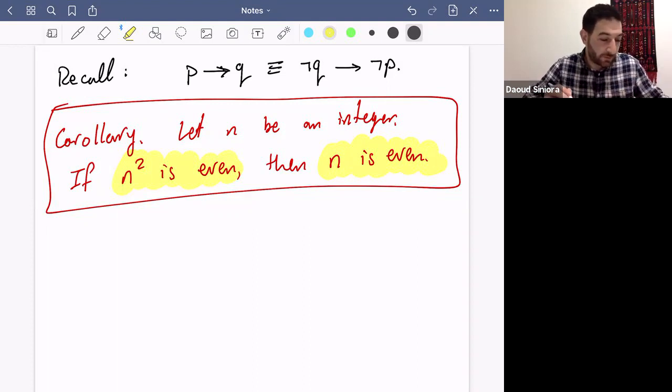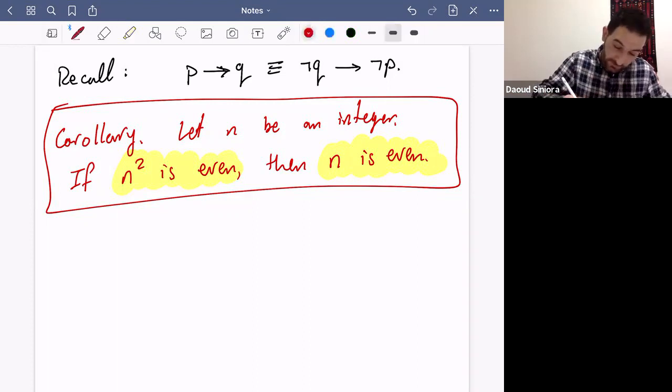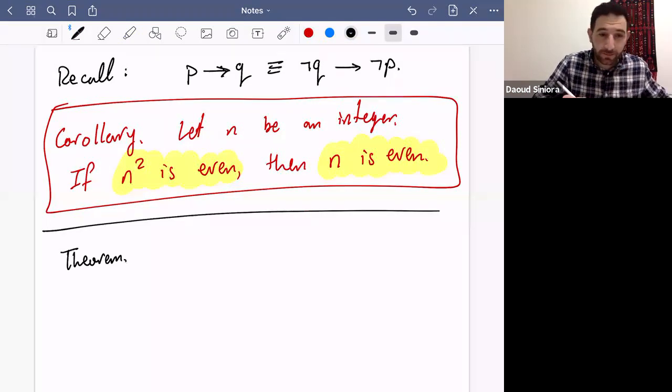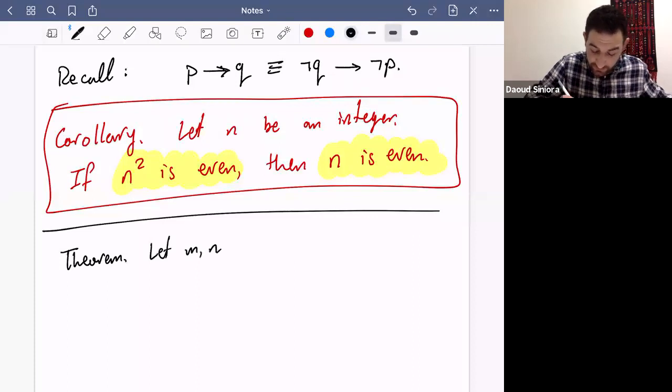Now let's do another one. Another third theorem. It says, okay, let m and n be integers. So notice that this is a universal quantifier.